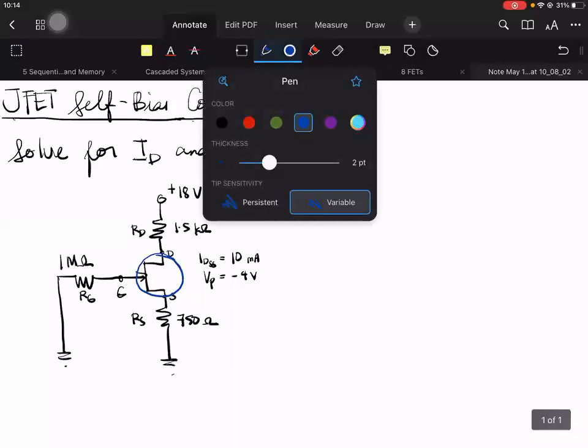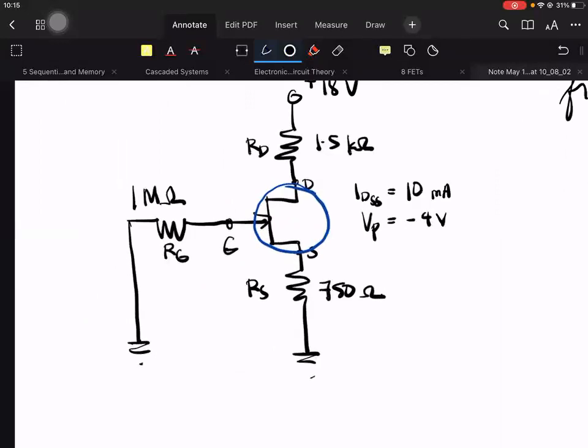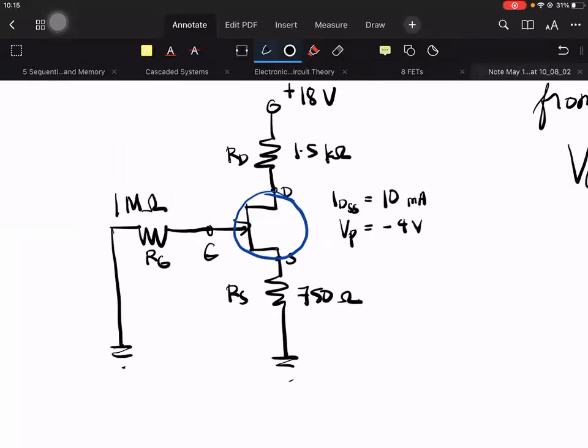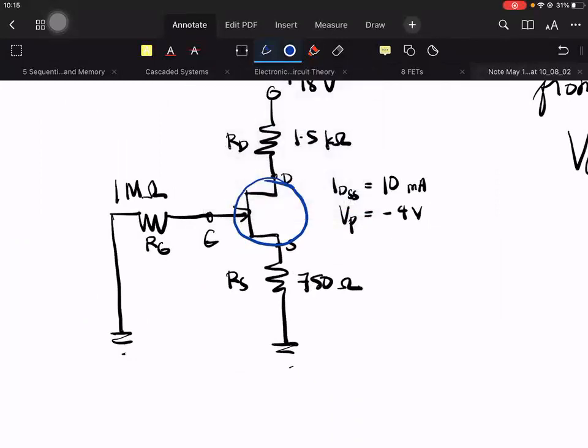So, from the table, VGS is equal to negative ID RS. Just a note on how we obtained this. Much like the BJT, all the formulas in the summary table were obtained using KVL.